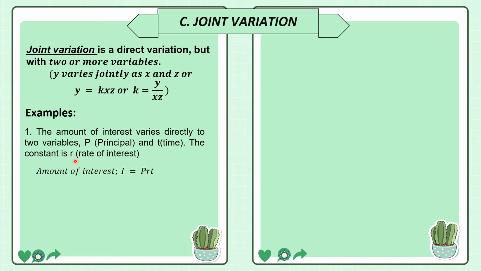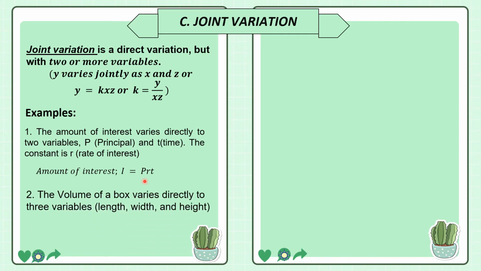If we convert this into a mathematical equation, the amount of interest, that is I, is equal to P, principal, times R, rate, times T, the time.